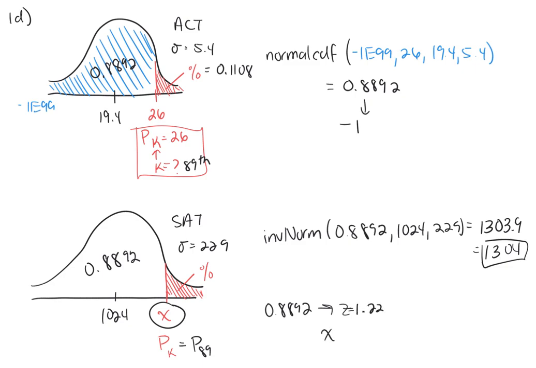Then we can use the formula X equals 1.22 times our standard deviation plus our mean value. Putting that into our calculator also gives us a score of 1303.38, or 1304.